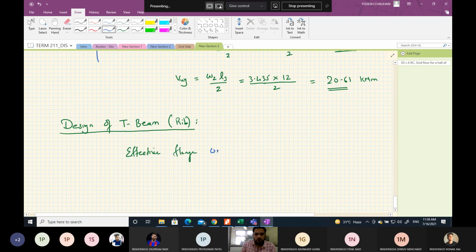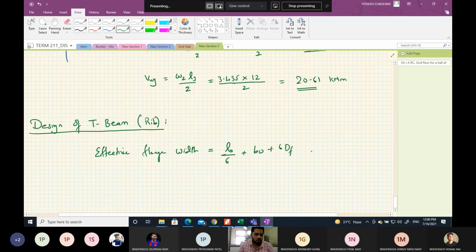Effective flange width is equal to L0 by 6 plus BW plus 6 times DF.